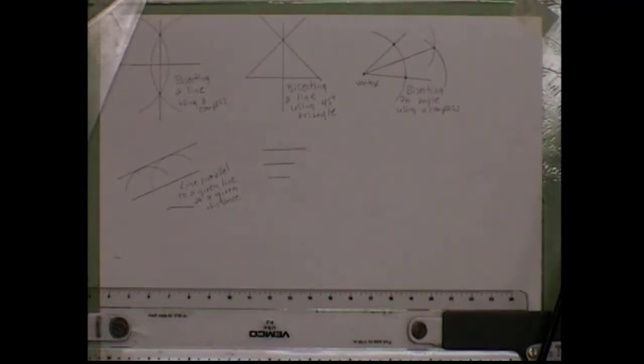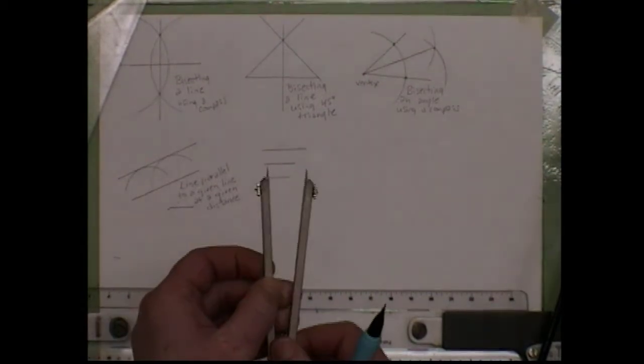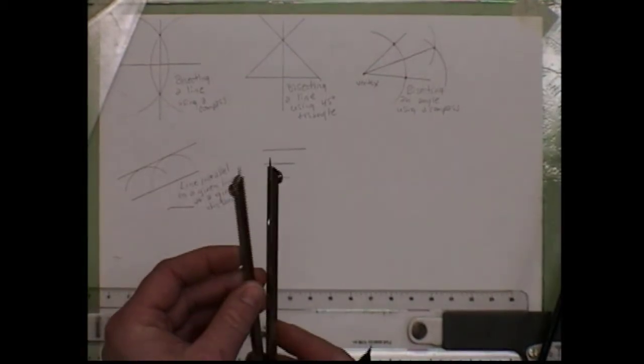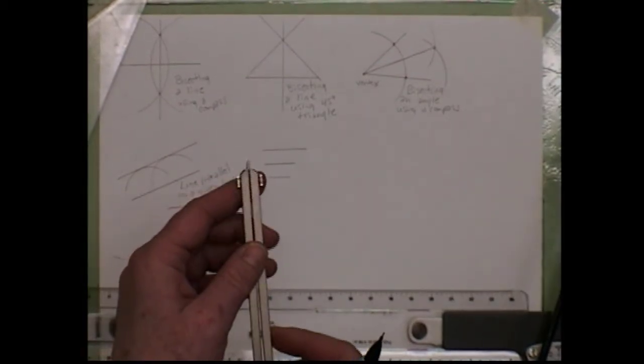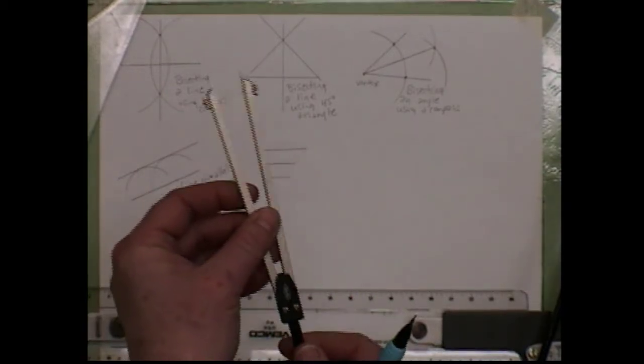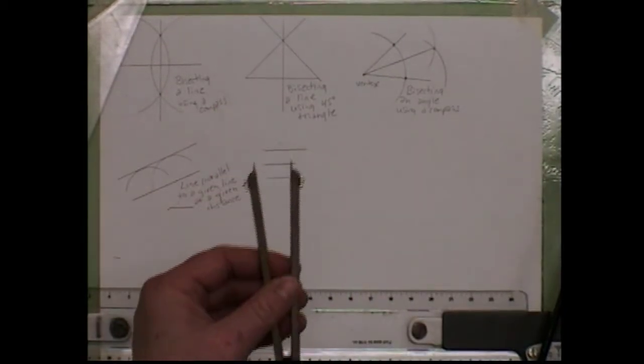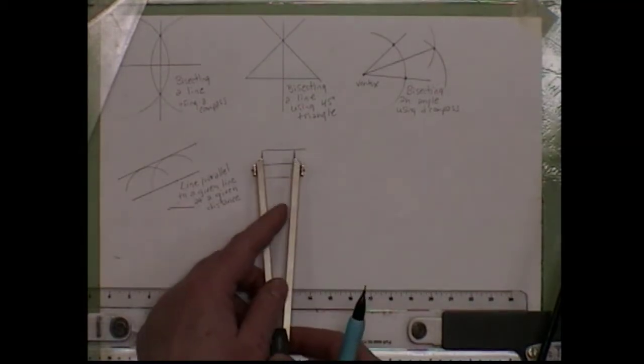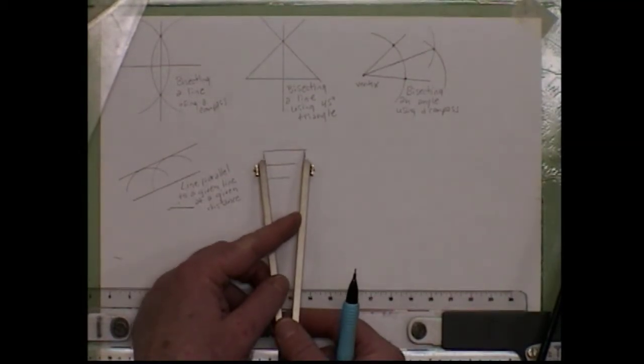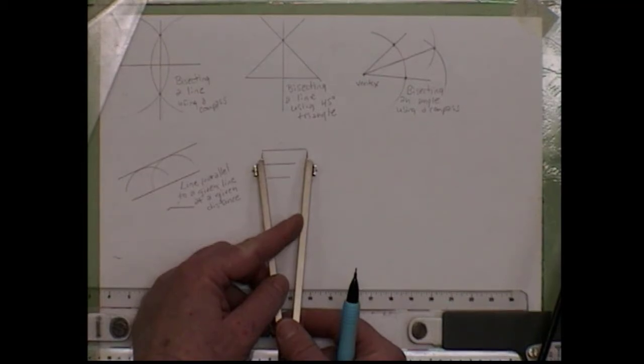You guys don't have these, but this would be an example of what it would be used for. There are things called dividers, and they have 2 needle points. So it's almost exactly like a compass without the wheel, and you have 2 needle points. So you could take this divider and extend it out to the ends of those lines.